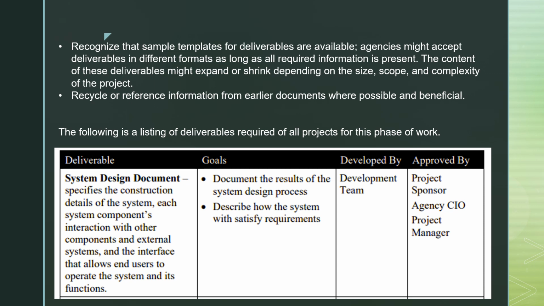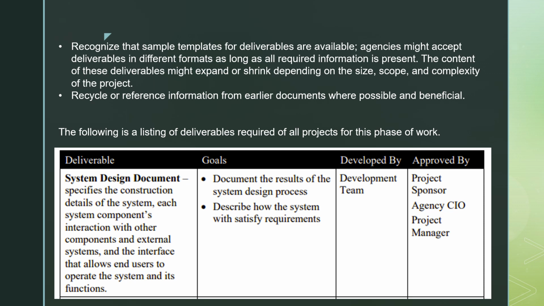So we have number 1, the deliverable System Design Document. It specifies the construction details of the system, each system component's interaction with other components and other external systems, and the interfaces that allow end users to operate the system and its functions.